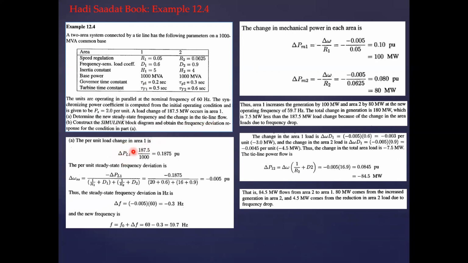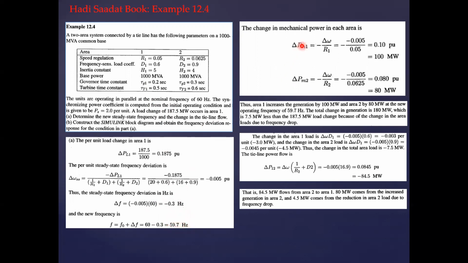So this is the load change, 187 megawatts on a base of 1000, so this is in per unit here. Then you calculate the steady state frequency deviation, and in hertz it is this quantity. So what is the new frequency? This is the change in the frequency. You have a load increase, and thus the new frequency will be this one.